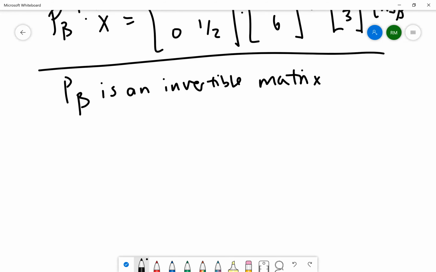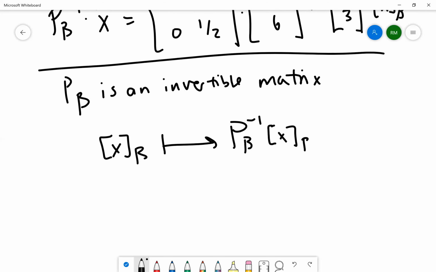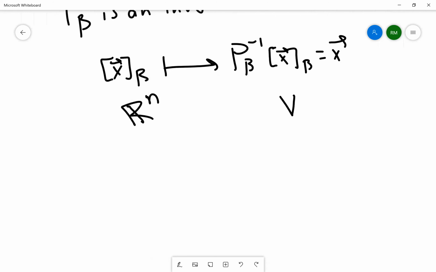And so if I take a vector x in beta coordinates and send it to P beta in standard coordinates, this is in R^n, and this is in the vector space V. P beta, since it's invertible, gives us a function.